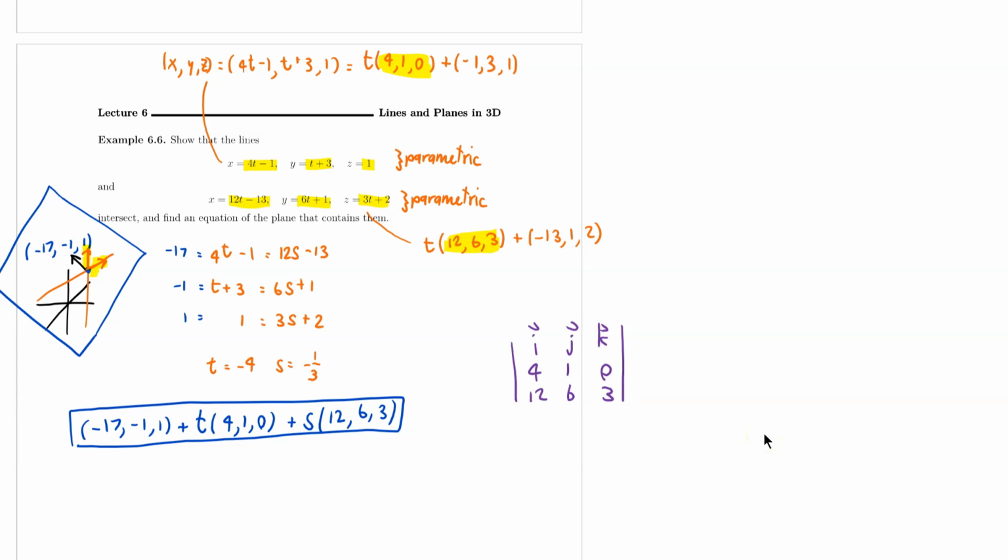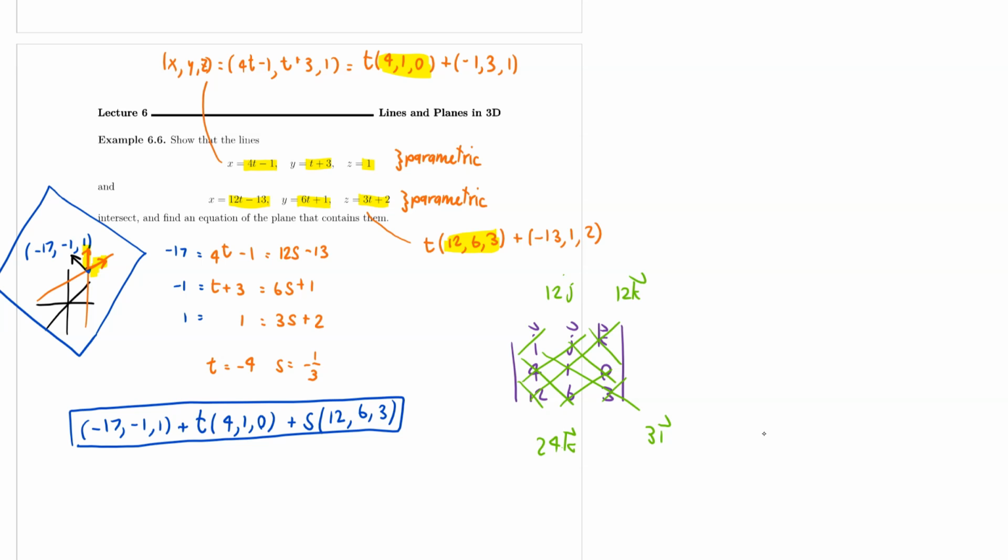If I multiply down, I'm gonna get 3i. I'm gonna get 0 here, and I'm gonna get 24k here. I multiply up and get 12k here. I get 0 here, and I'm gonna get 12j here.